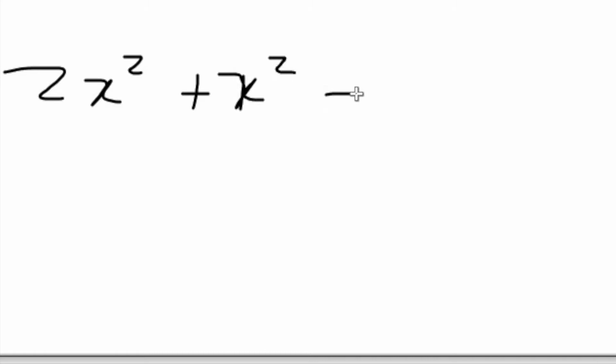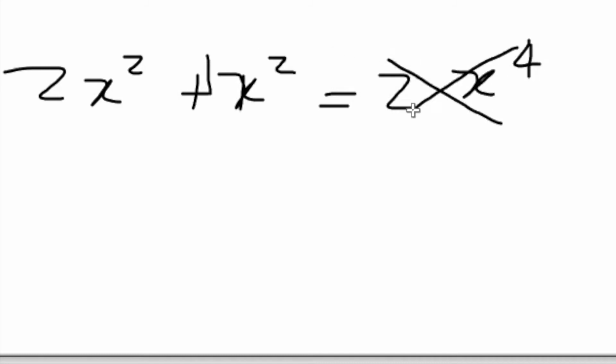The next common mistake that students like to make is where I have 2x squared plus x squared. They like to add the power since they're seeing addition. So we know the coefficient of x squared is a 1, but sometimes students neglect it, so they have 2, and then they add the 2 plus a 2, so they will have x to the 4th, but that's not correct.